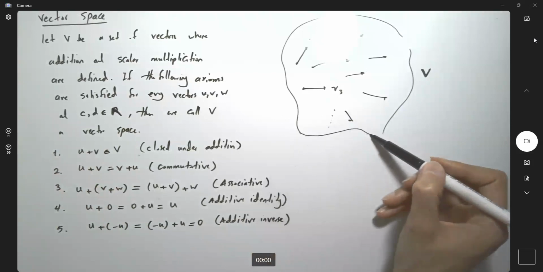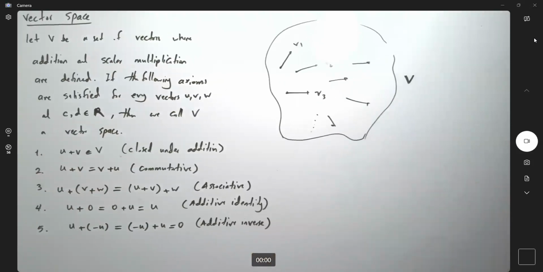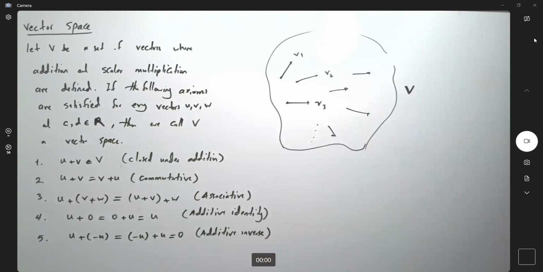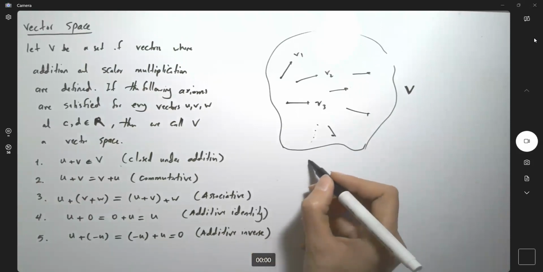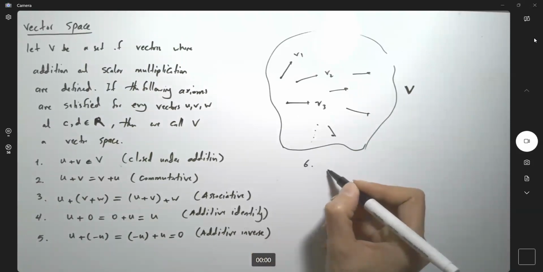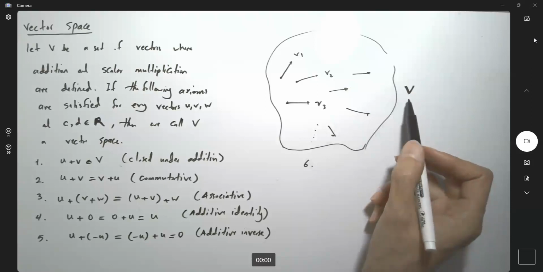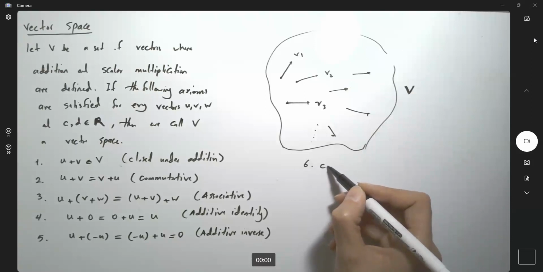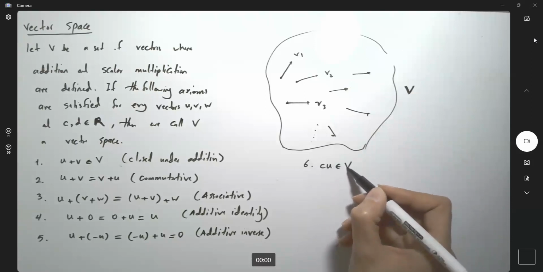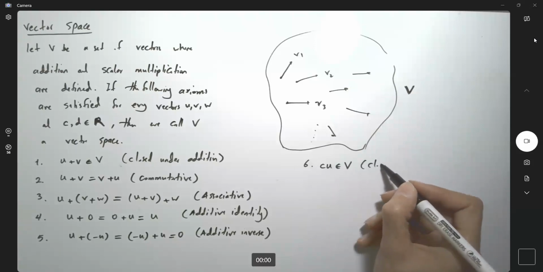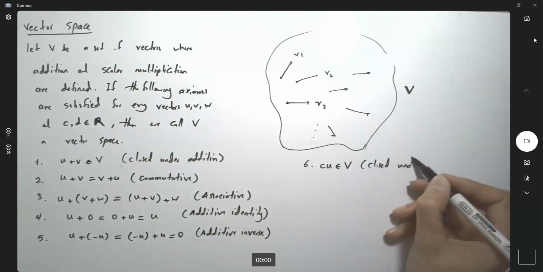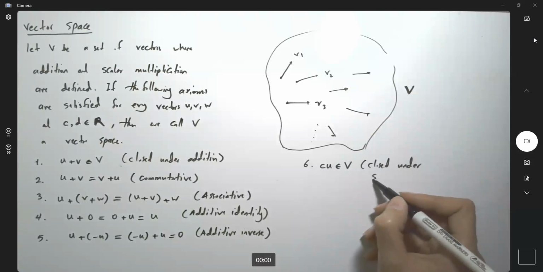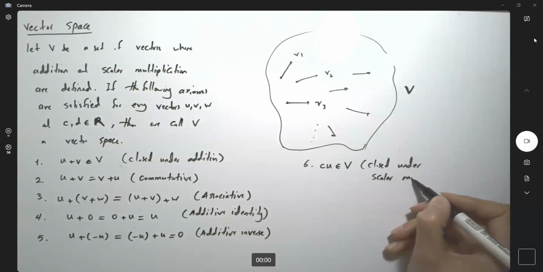Number 6, V is closed under scalar multiplication. So C U is in V, closed under scalar multiplication.